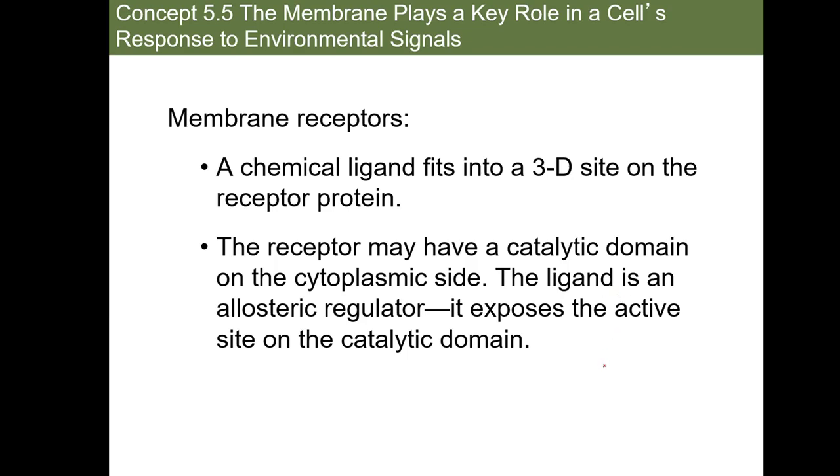So here we have an inactive protein. Now a ligand comes and fits into it and now changes that shape so that it can fit the substrate into it on the inner side of the cell.